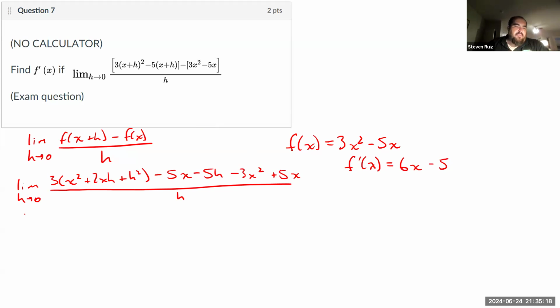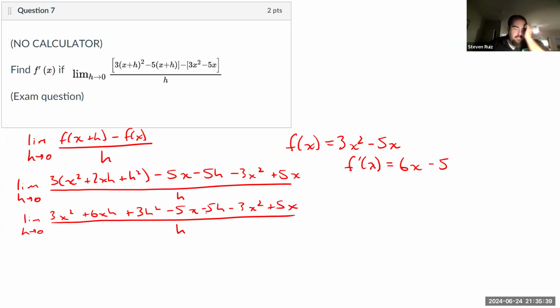We've got one more set of brackets to expand. The limit as h approaches 0 of 3x squared plus 6xh plus 3h squared minus 5x minus 5h minus 3x squared plus 5x, all over h.